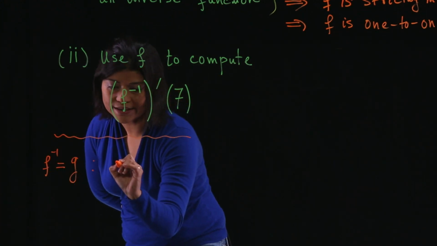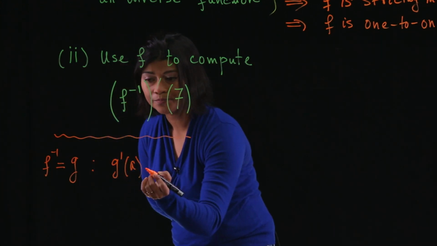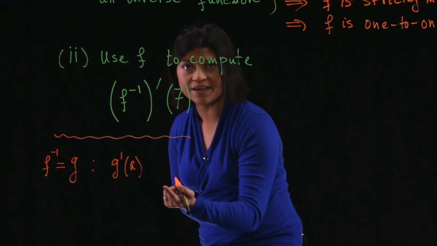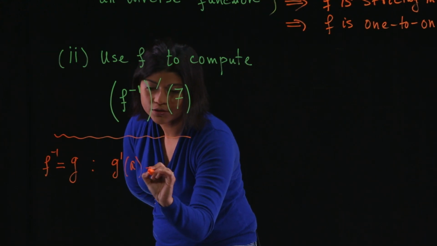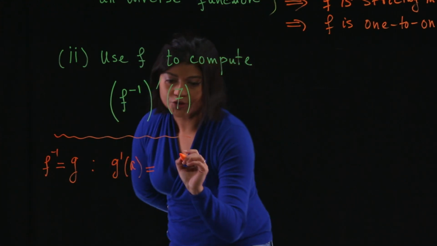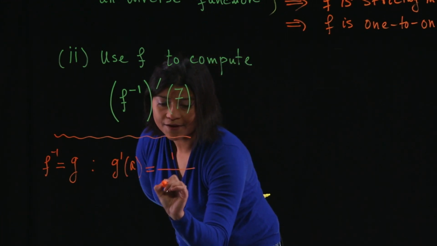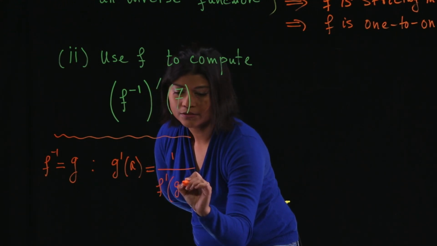Then what is g prime of a? That's what we want to know, right? G prime is f inverse prime at some a value. So by definition, or you can compute that yourself, to see that g prime of a is equal to 1 over f prime of g of a.